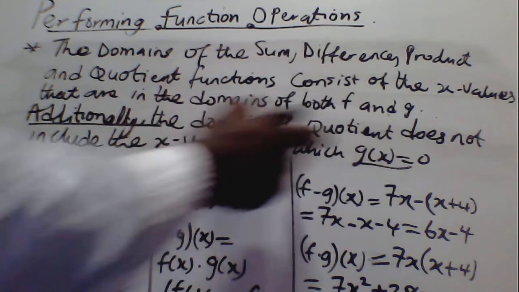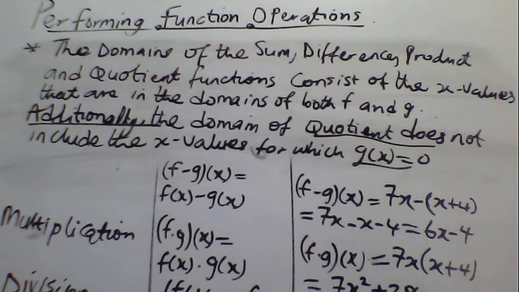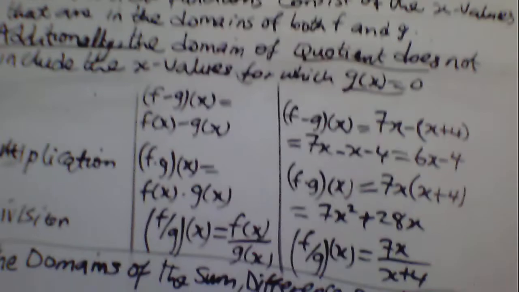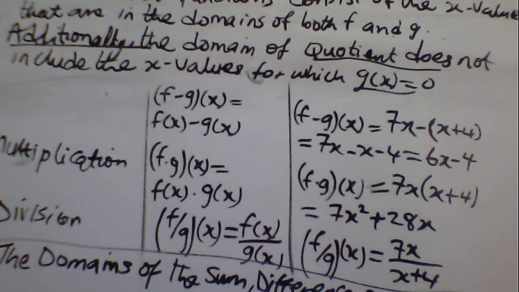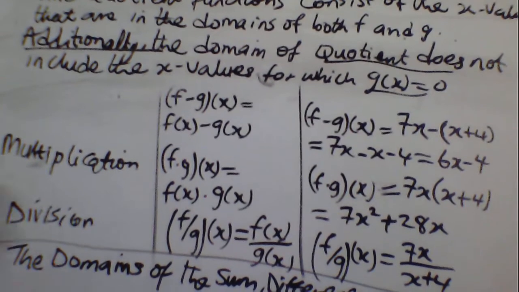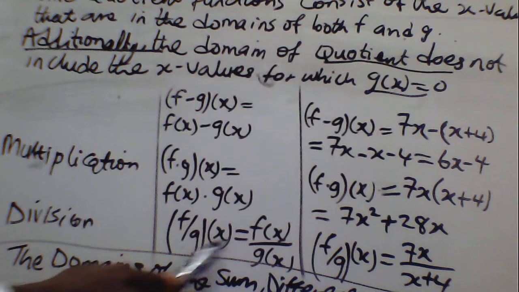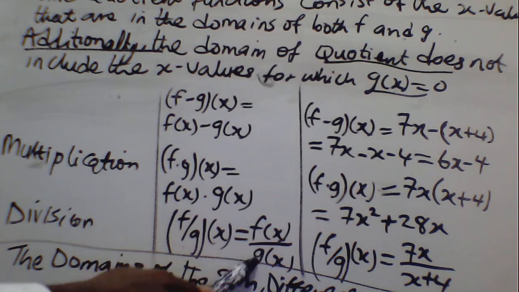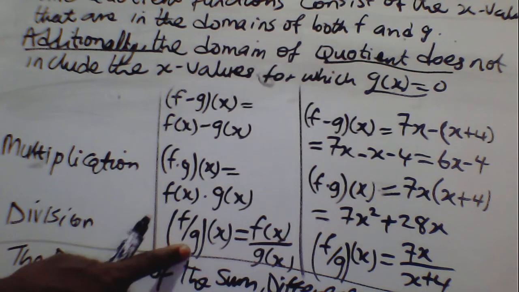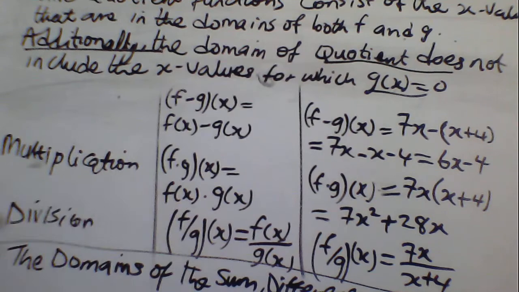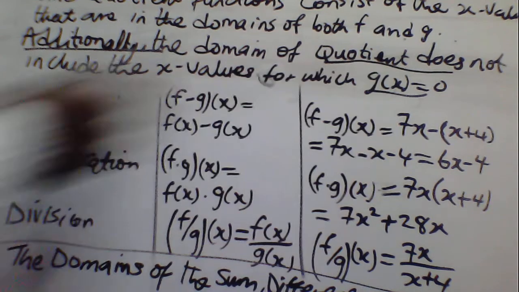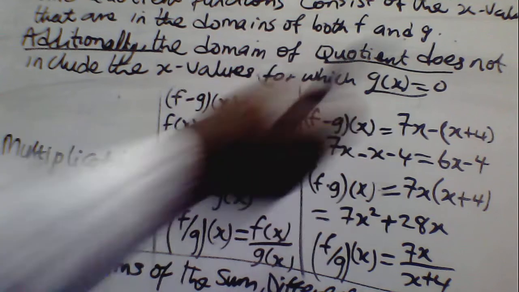We obtain the quotient when we do the division operation. Look at it here. This is the division. f divided by g, a function of x, is equal to f of x over g of x. You only obtain a quotient in division. The quotient does not include the x values for which g of x is 0.